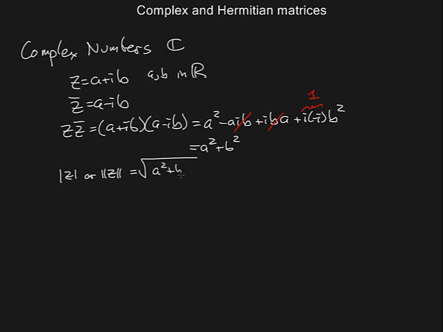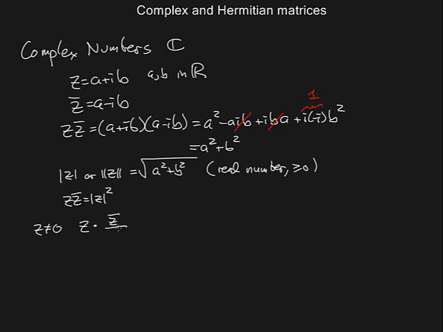So we're going to write z with a bar or 2 bars for the absolute value, and that's going to be the square root of a squared plus b squared. So we have this identity that z z bar is the absolute value of z squared.